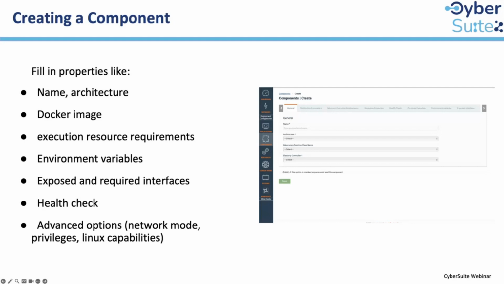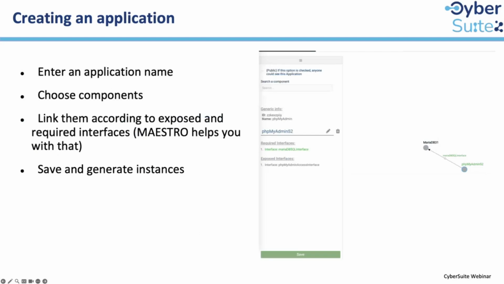To configure this from the UI, you can use configuration of envs, expose the required interfaces, and define the appropriate health checks to ensure that the component is properly running. Furthermore, we support advanced options like the network node privileges or Linux capabilities that are required for the deployment. So we try to ease the adoption of Kubernetes by creating such a UI.